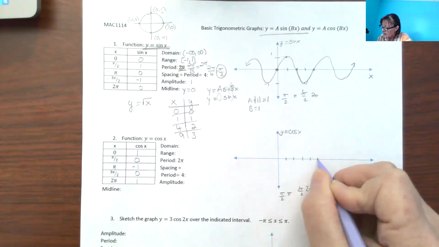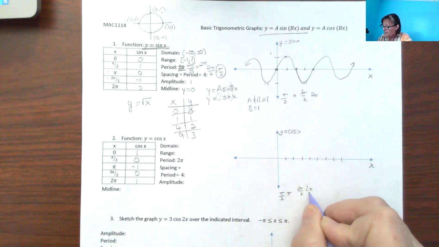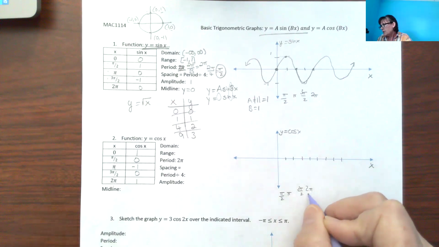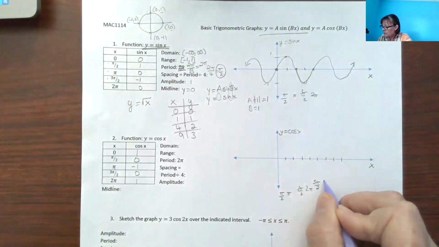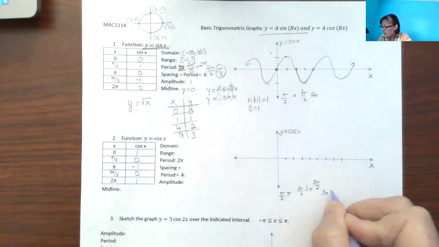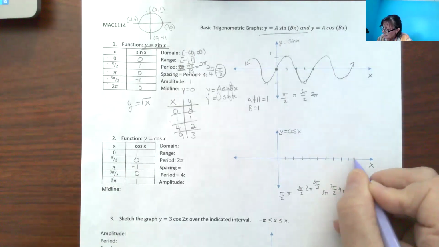Of course, it goes on, so I'll do it a little bit longer this time. 2 pi is really 4 pi over 2, so the next one would be 5 pi over 2. 6 pi over 2 is called 3 pi. 7 pi over 2, and then 8 pi over 2 would be 4 pi. All right, and it goes on, but let's just do this.